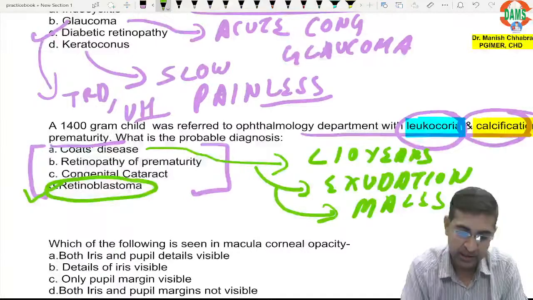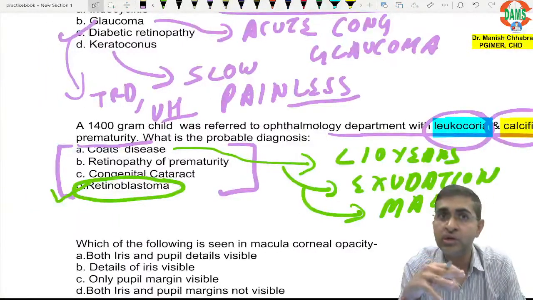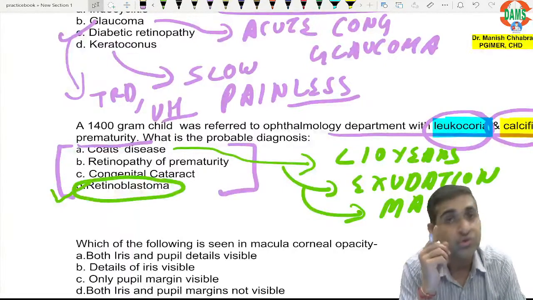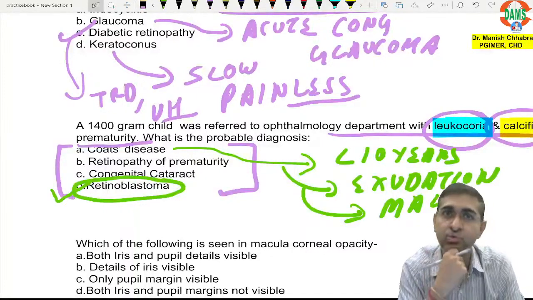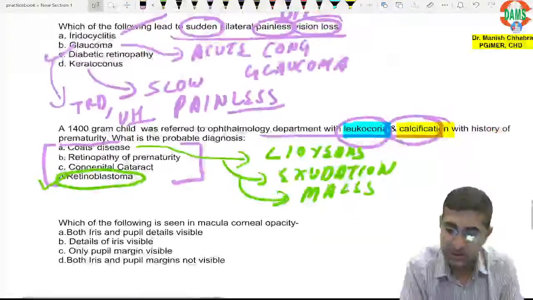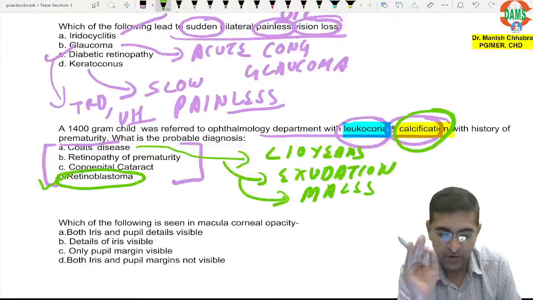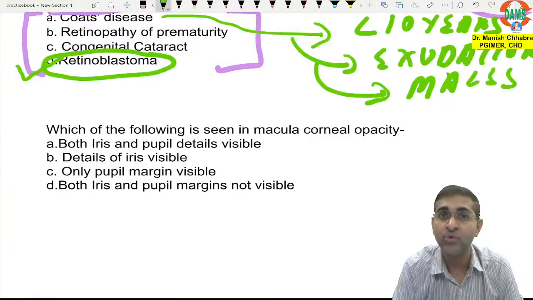Retinopathy of prematurity, due to retinal hypoxia, there is neovascularization, which later leads to retinal detachment, tractional retinal detachment, due to which there will be leukocoria. Congenital cataract, yes, there will be leukocoria. Retinoblastoma, yes. But out of these 4 options, since they have asked specifically about calcification, the answer is pretty straightforward. It is retinoblastoma.